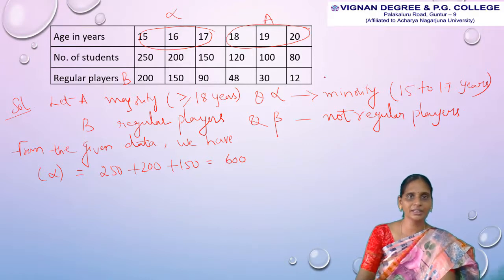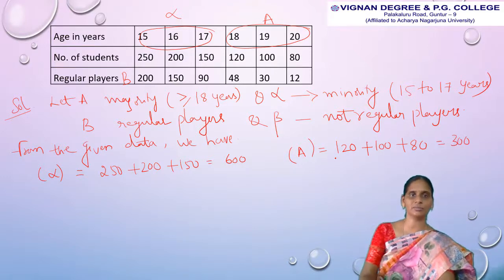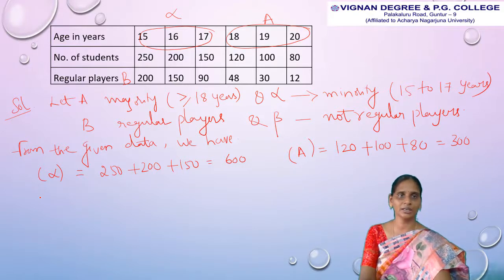And next one is the number of major students, in the age of 18 to 20 years. That can be denoted by frequency of A, equal to 120 plus 100 plus 80. We get 300 students. Major students are 300.